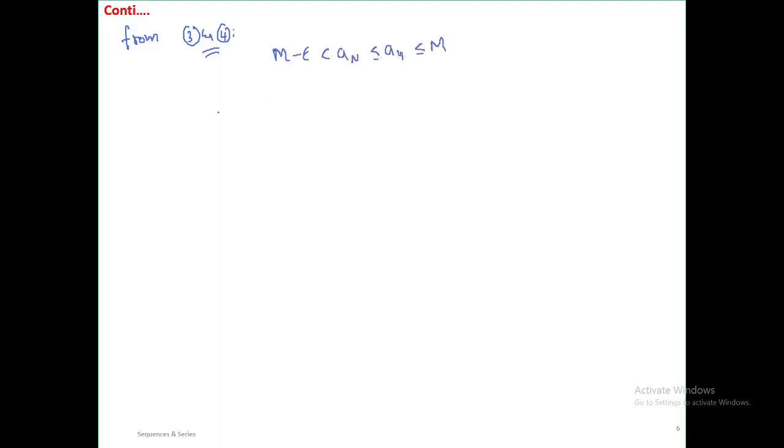For an, what will be the lower bound? m minus epsilon is a lower bound. So an has lower bound m minus epsilon, and at the same time an upper bound m, and m is strictly less than m plus epsilon, for some positive epsilon.